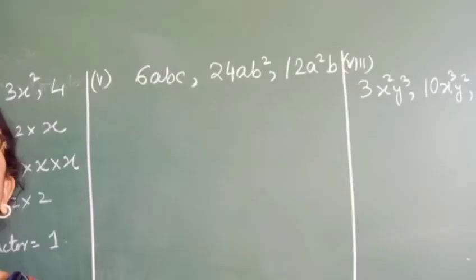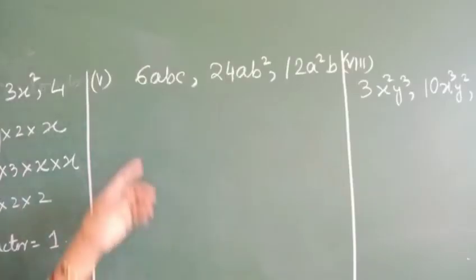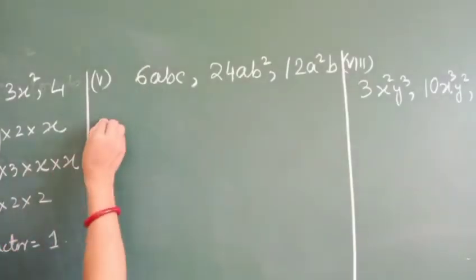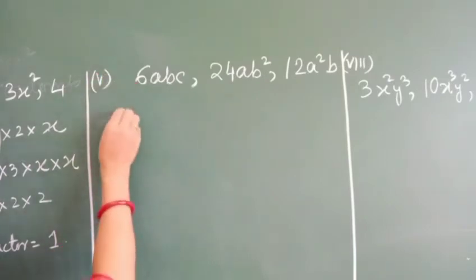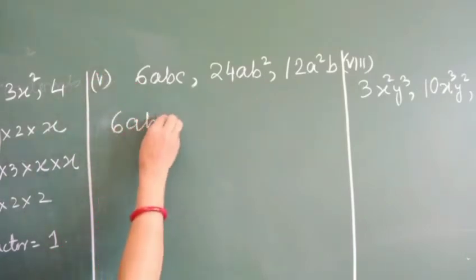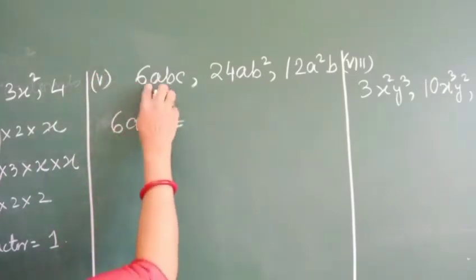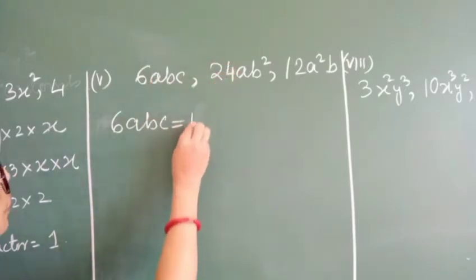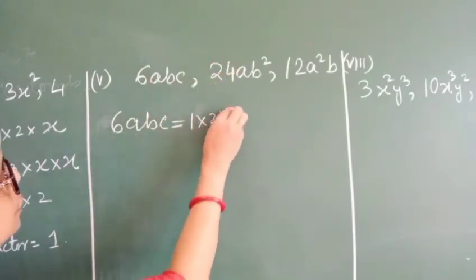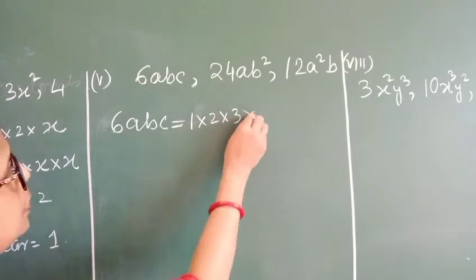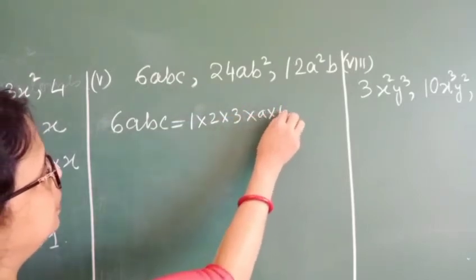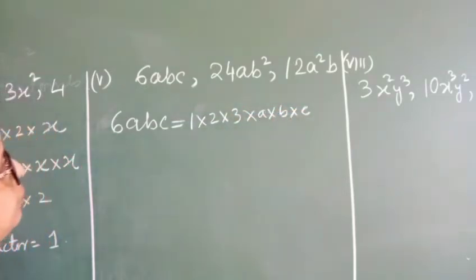Understood? Next sum is 6abc, question number 5. Here you are writing 6abc. That means 6 is 1 into 2 into 3, into a into b into c.